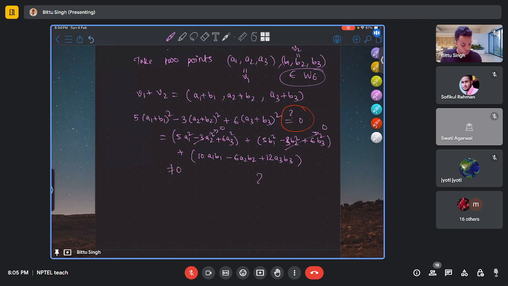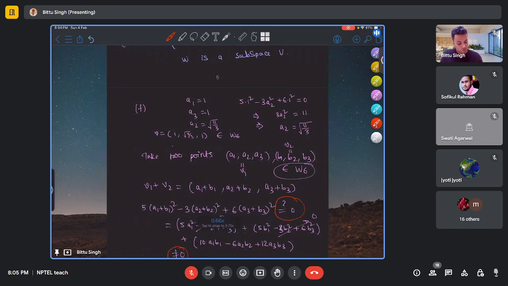The question is for which values of a1, a2, a3 and b1, b2, b3 this is non-zero.